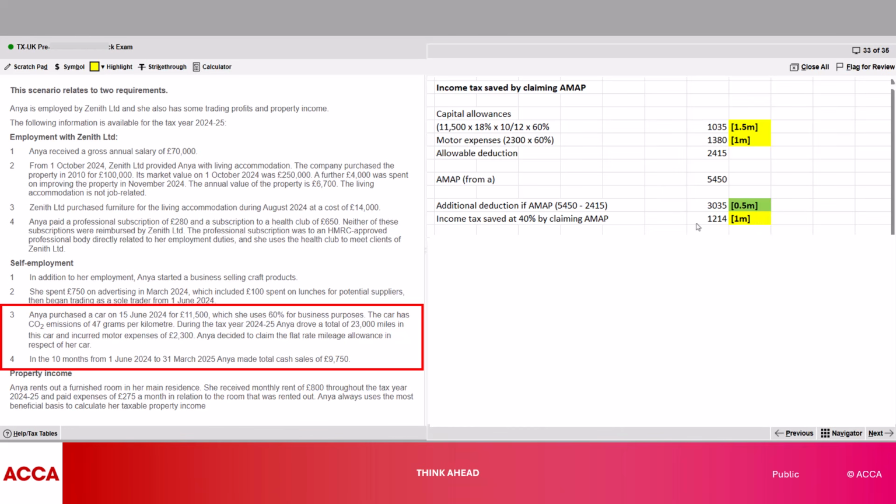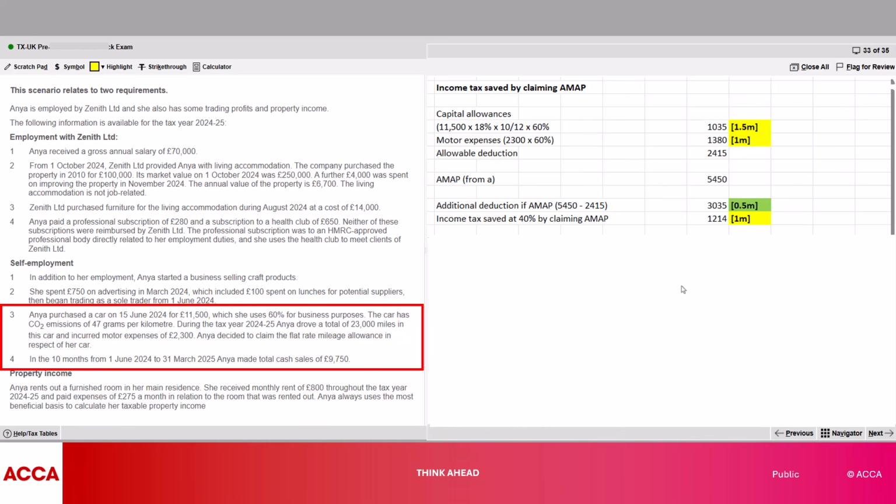We describe this as her marginal rate of tax, so the tax that she would have paid on the top part of her profits. So we multiply that rate by the extra deduction, 40% of 3,035, and she's saved £1,214 by claiming the mileage allowance instead of the expenses. So just take note, if you've got a business, then you need to do the calculations, but that is definitely worthwhile. So that's the end of this question.